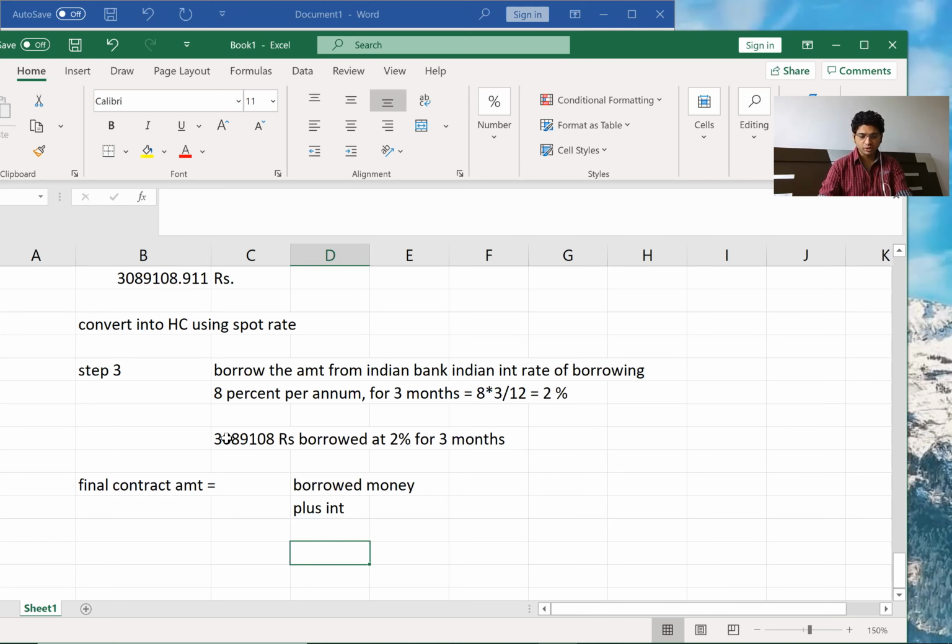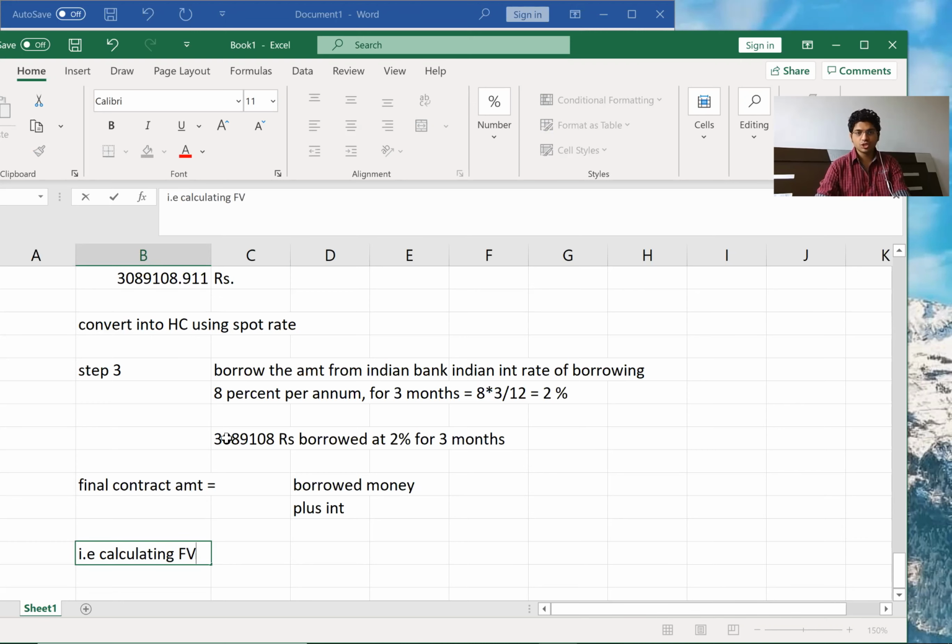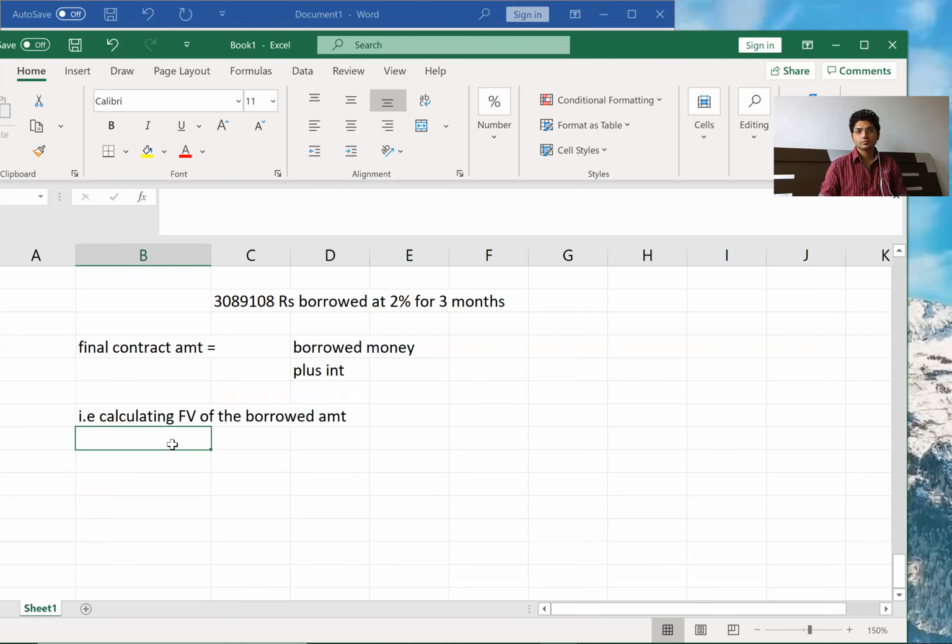That means you are calculating the future value of the borrowed amount. Future value equals present value into 1 plus r.